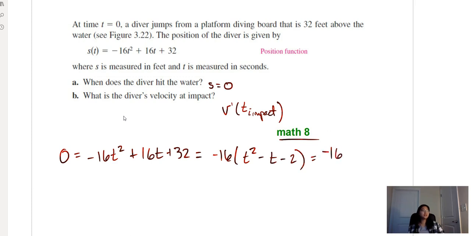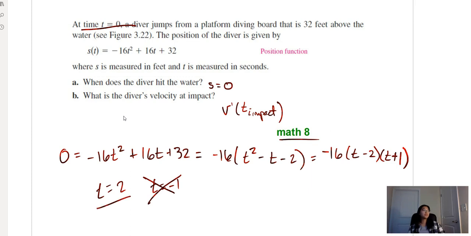Negative 16 times (t minus 2)(t plus 1). And then where are my zeros for that? Well, that's t equals 2 and t equals -1. Does negative time make sense here? Absolutely not, because we're starting at time equals 0. So after 2 seconds, that diver is going to be hitting the water. Okay, so the diver hits the water at time t equals 2.